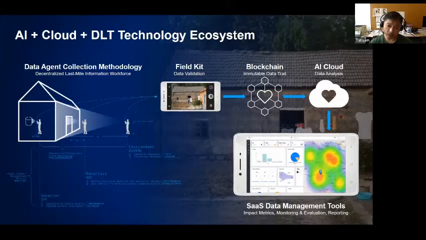And this also lowers the threshold of impact measurement, because zero training is needed. You don't need to understand how to ask the 11 questions or 25 questions. You cannot fake the data because it's an image. There, of course, can be data validation. After all this data is collected and scores are given by the machine, there can be a second round of data validation.